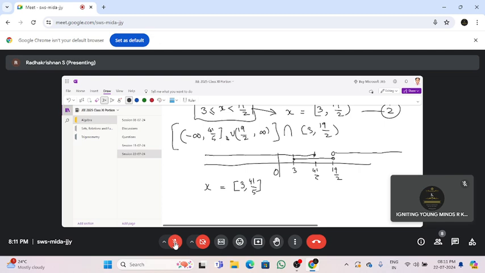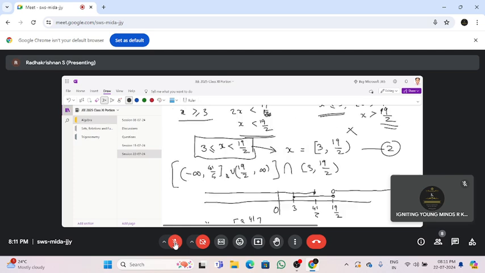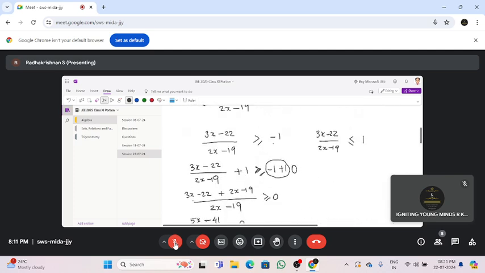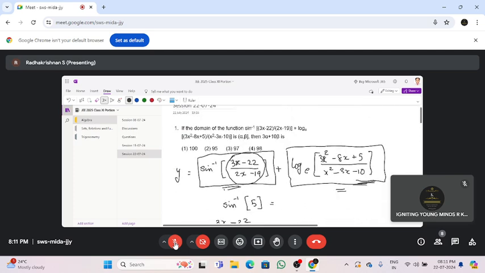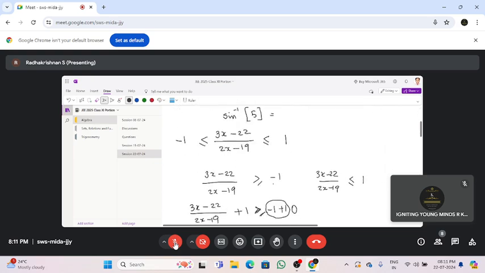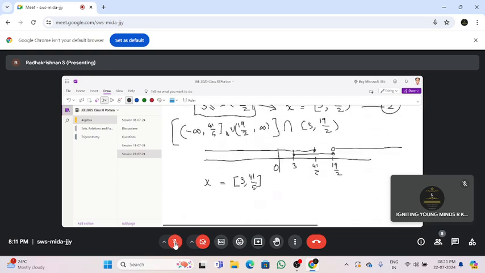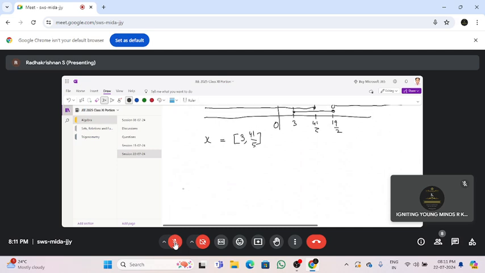Okay, now let's look at the second part. What is the second part? So what is the domain of this function? Log to the base e of 3x square minus 8x plus 5 by x square minus 3x minus 10. I'll write it here. It's about learning the methodology here.